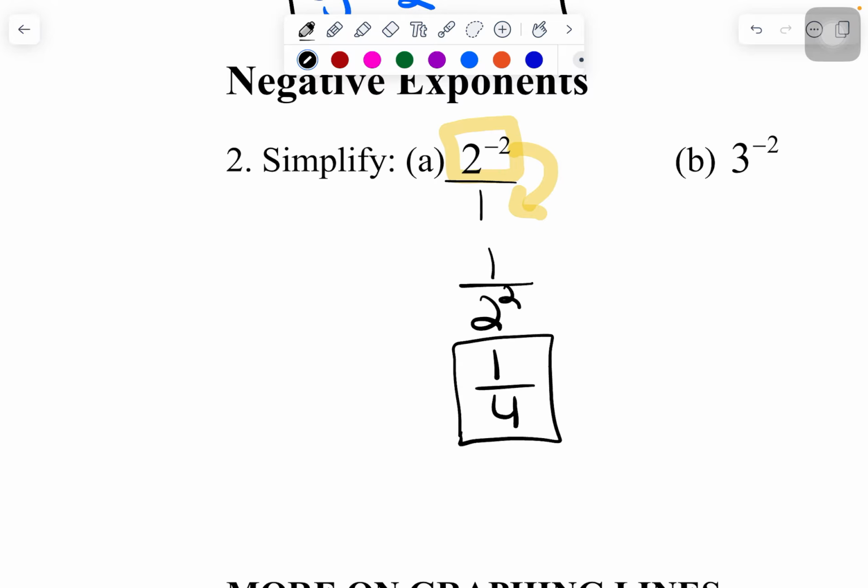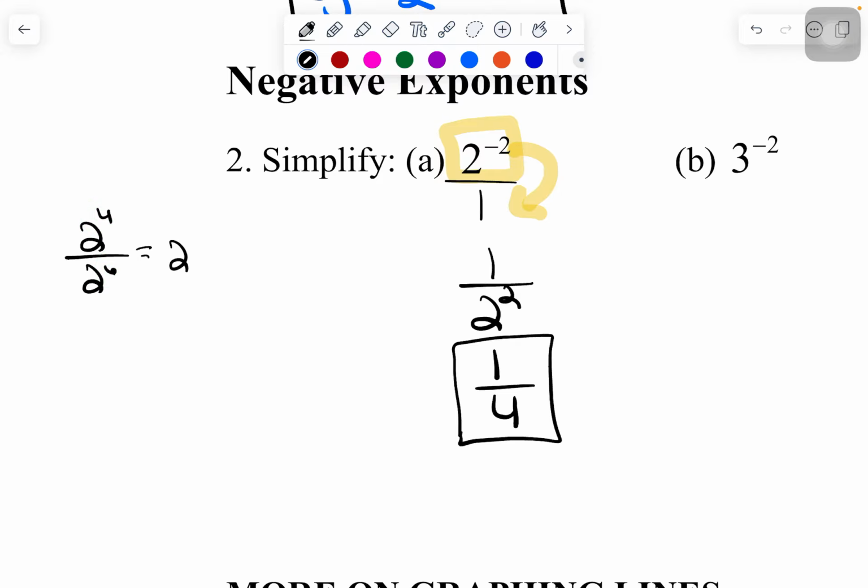If we start off with, let's say, 2 to the 4th over 2 to the 6th. I knew I was going to get it right eventually. Quotient rule would tell us that we get to subtract these exponents.